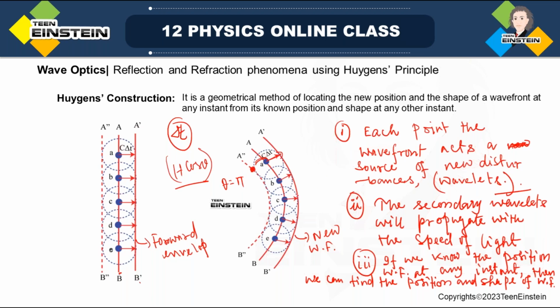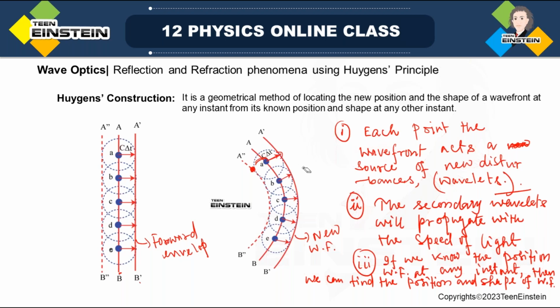We have discussed that already. So now why I have recapitulated this is that this is what we are going to use to explain the phenomenon of reflection and also the phenomenon of refraction of light.